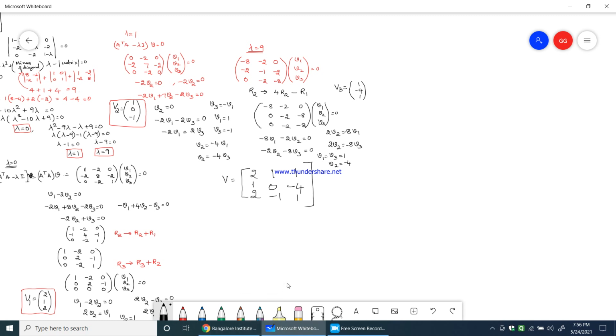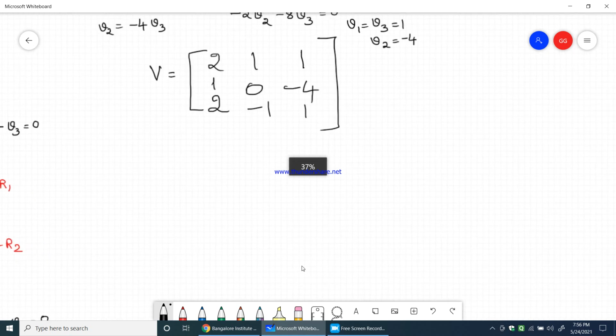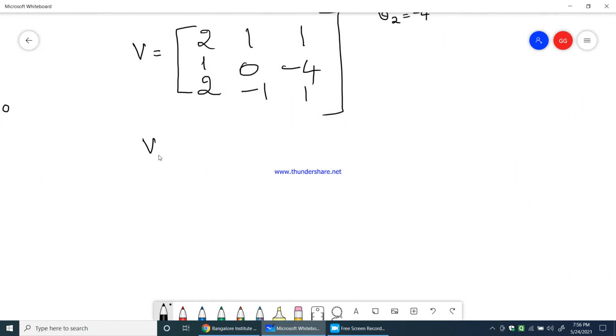So therefore we'll take V transpose, which is equal to 2, 1, 2, 1, 0, minus 1, 1, minus 4 and 1. Now you take the norm of this row wise.